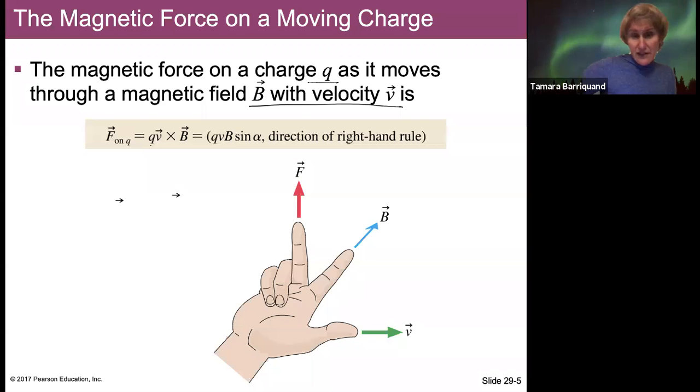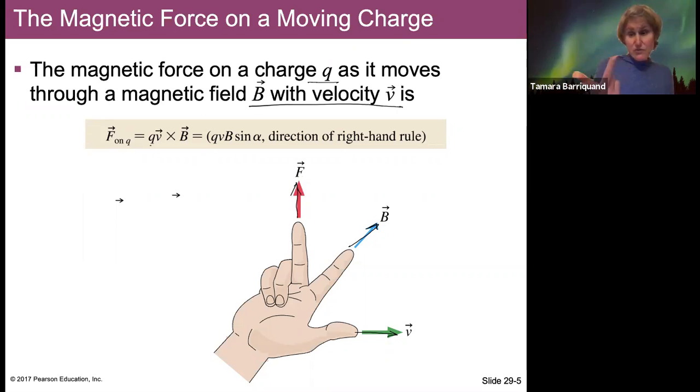In this image, using the right hand, if V is your thumb, the first vector in our cross product, and B is the second vector, because it's V cross B, that will be our second finger. Then the resultant vector, the cross product itself, will be the force, and that will be our third finger.